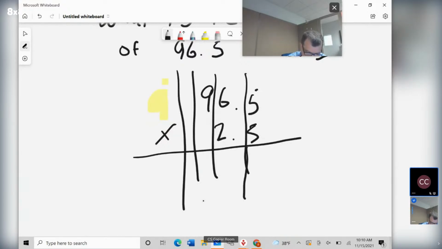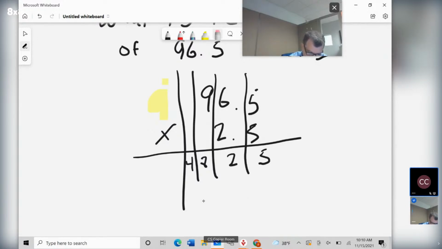So 5 times 5 is 25. Carry the 2. 5 times 6 is 30 plus 2 is 32. We're going to carry the 3. And then 5 times 9 is 45 plus 3 is 48. Now let's get rid of these numbers here. Then we're going to have 2 times 5 is 10.